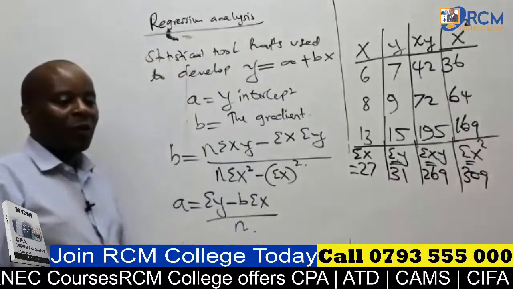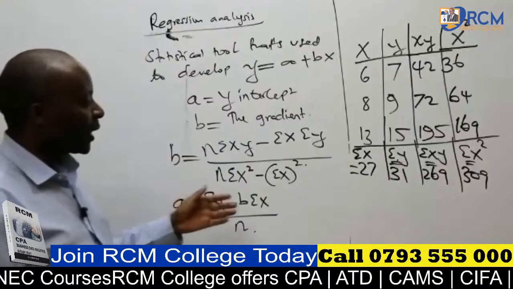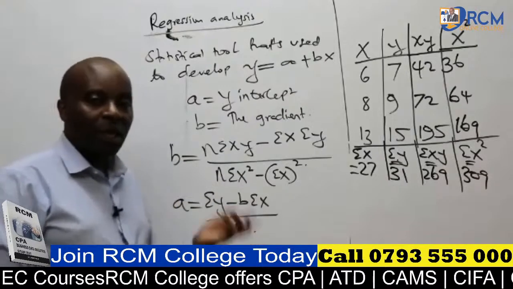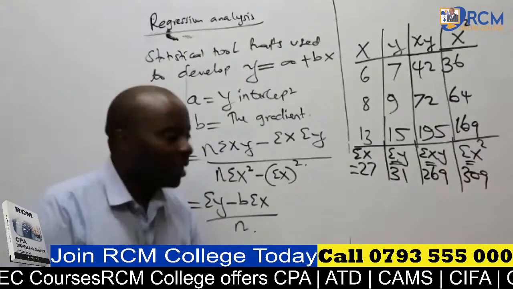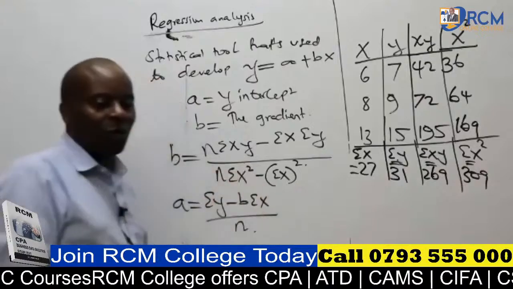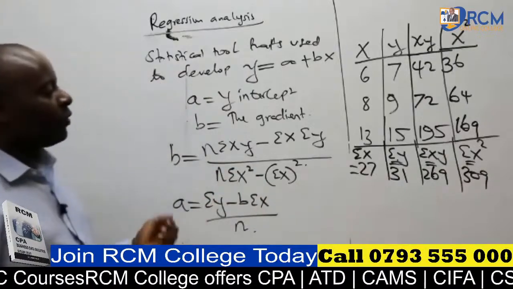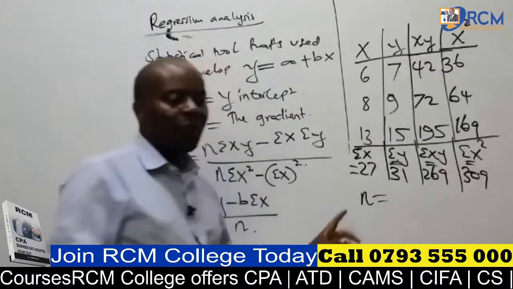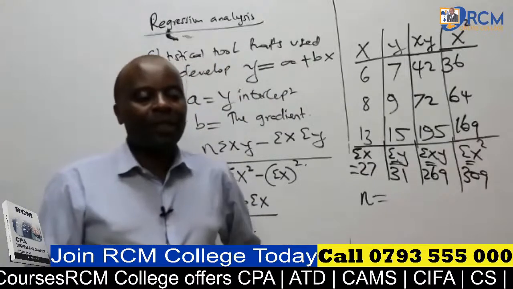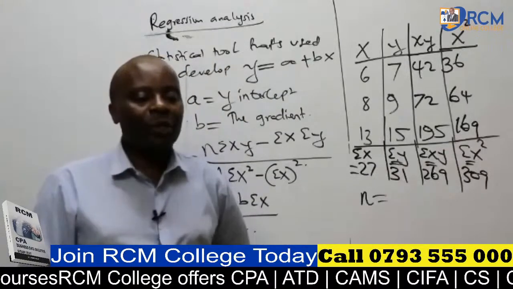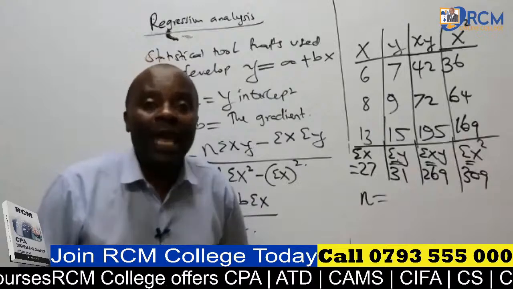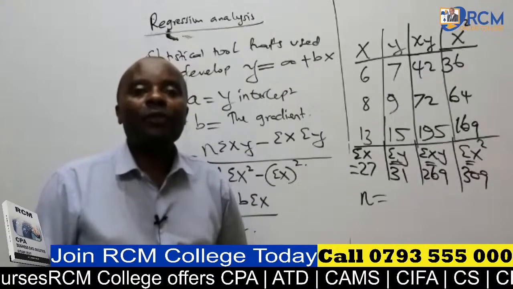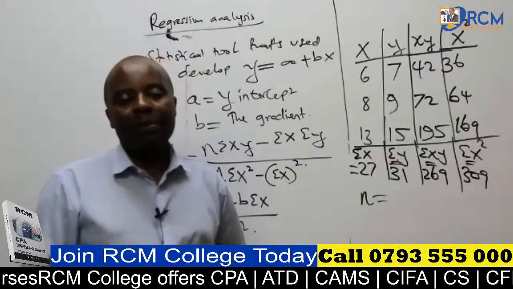Now, ladies and gentlemen, I would want us to move to the next level, which is plugging these summations into the formulas. The very first thing I want a good student to tell me is the value of n. N stands for number of points.